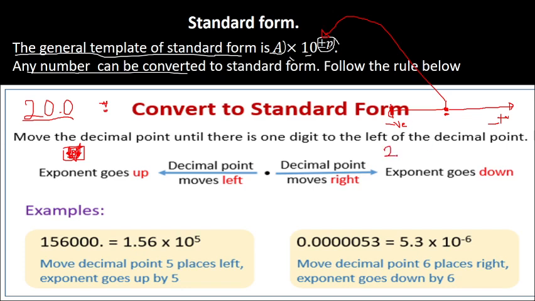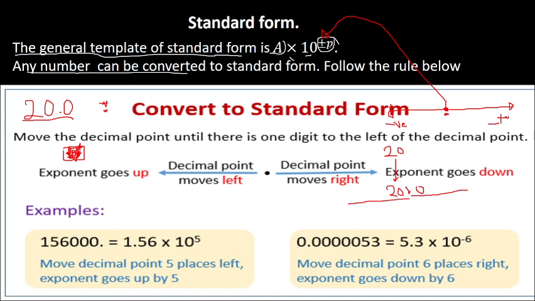Let us see. 20. Convert it to standard form. If I want to convert this one to standard form, I will know that my 20, the decimal point is here. I can put a 0. I will move to the left of the decimal point.